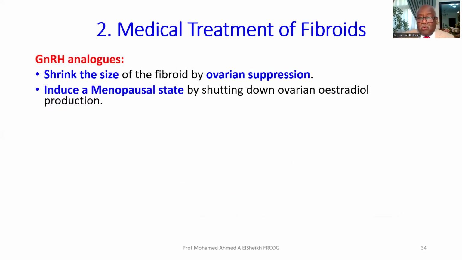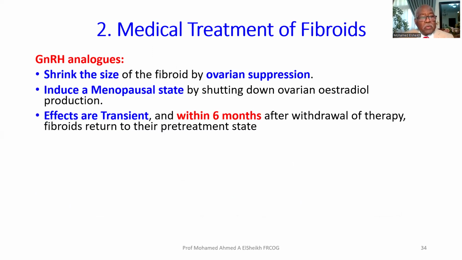The GnRH, as we have mentioned, just to elaborate on it, shrinks the size of the fibroid by ovarian suppression. It acts on the pituitary, producing more FSH, acting on the ovary, and eventually leading to ovarian suppression.